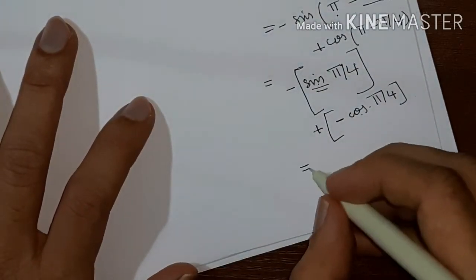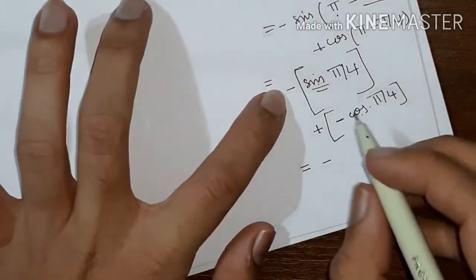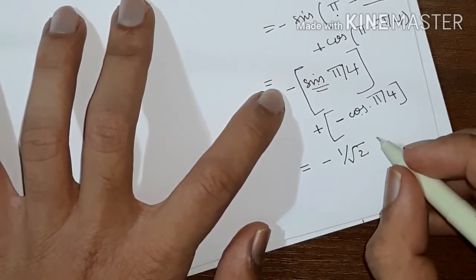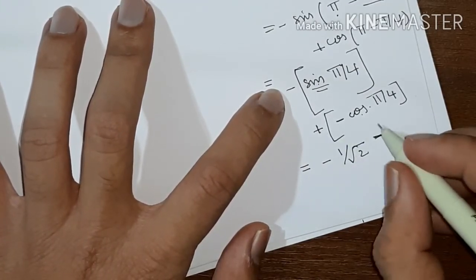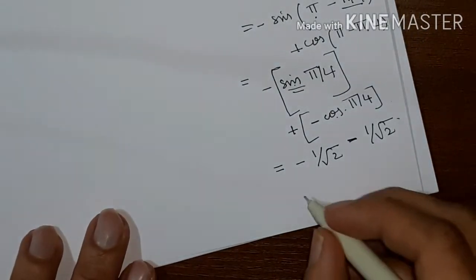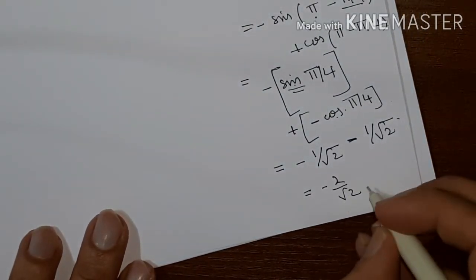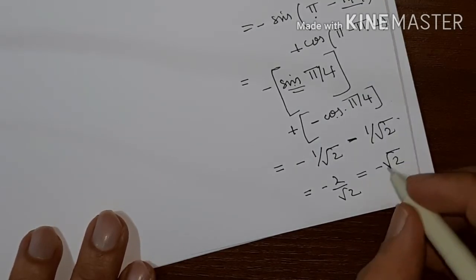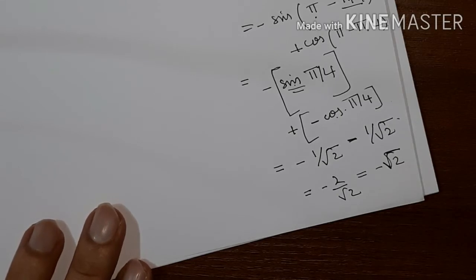Okay, so minus sine pi by 4 is 1 by root 2, and minus minus cos of pi by 4 is 1 by root 2, right, so which will give you minus 2 by root 2, which is minus root 2. This rationalization we have already seen.